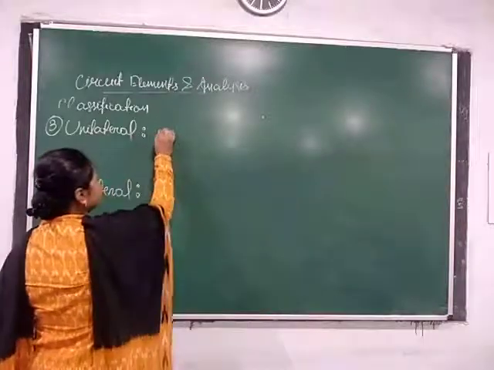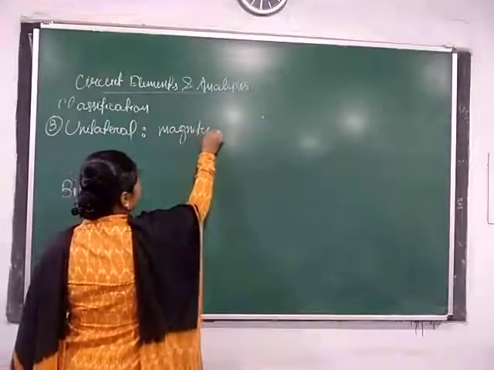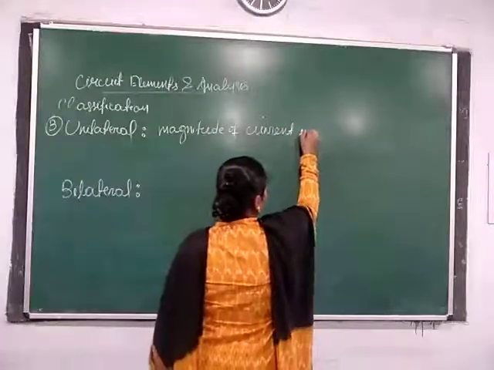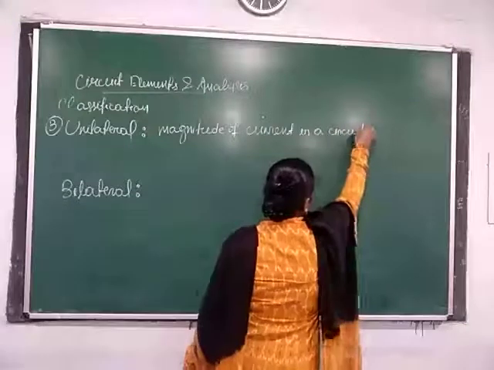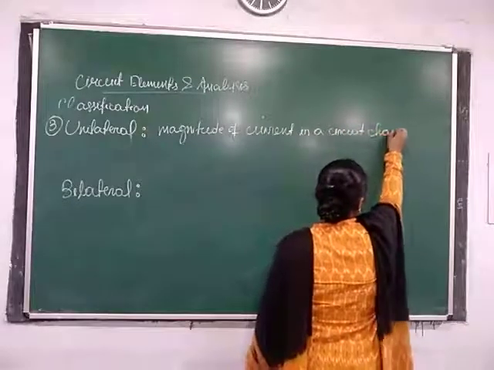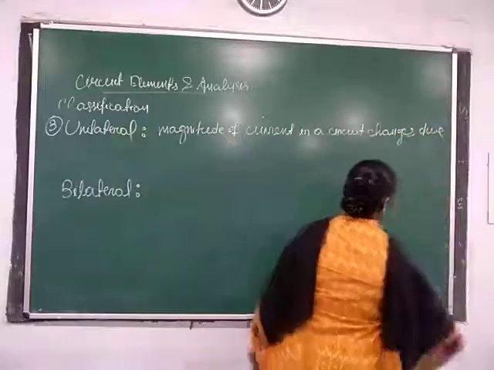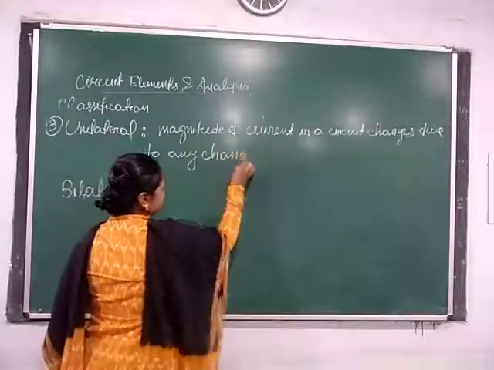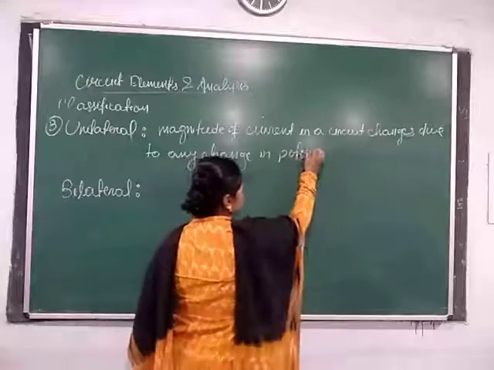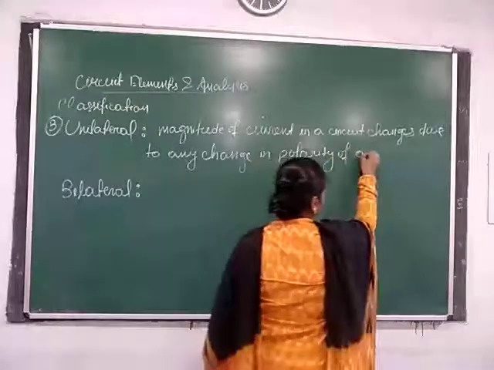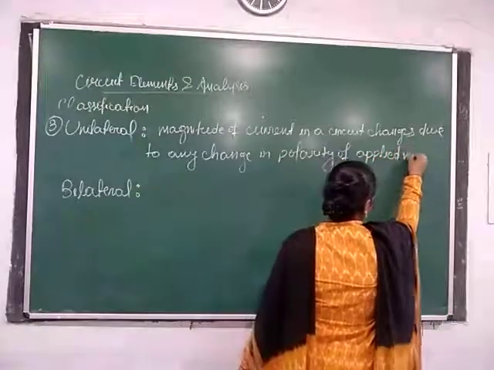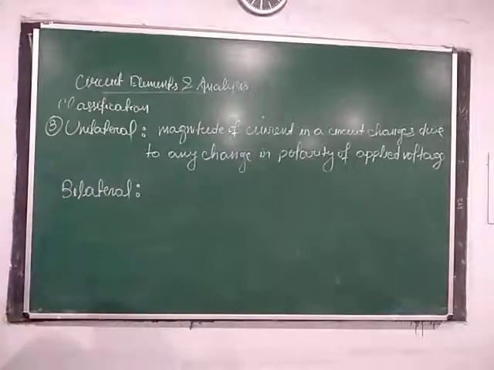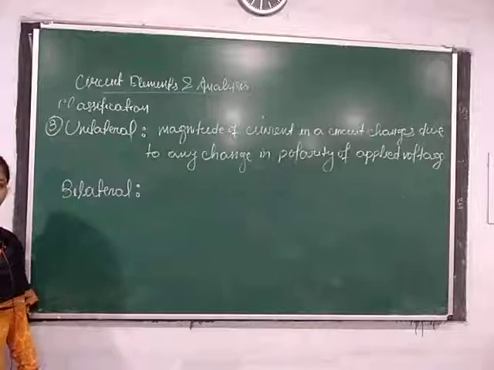Unilateral: if the magnitude of current in a circuit or element changes due to any change in polarity of applied voltage, then the circuit element is known as a unilateral element.